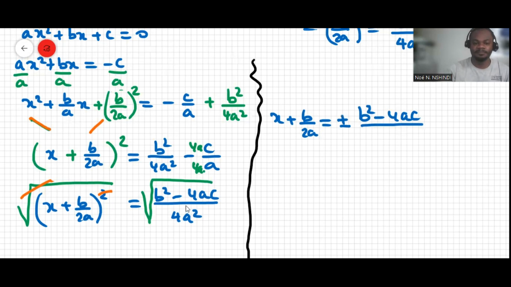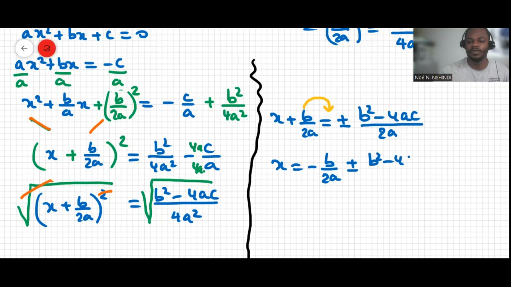Remember, when we square root both sides here, this is going to be the square root of the numerator and the square root of the denominator, which will be just 2a. Now if we move this part to the other side of the equation, this will be x equal to minus b over 2a plus minus square root of b squared minus 4ac all over 2a.